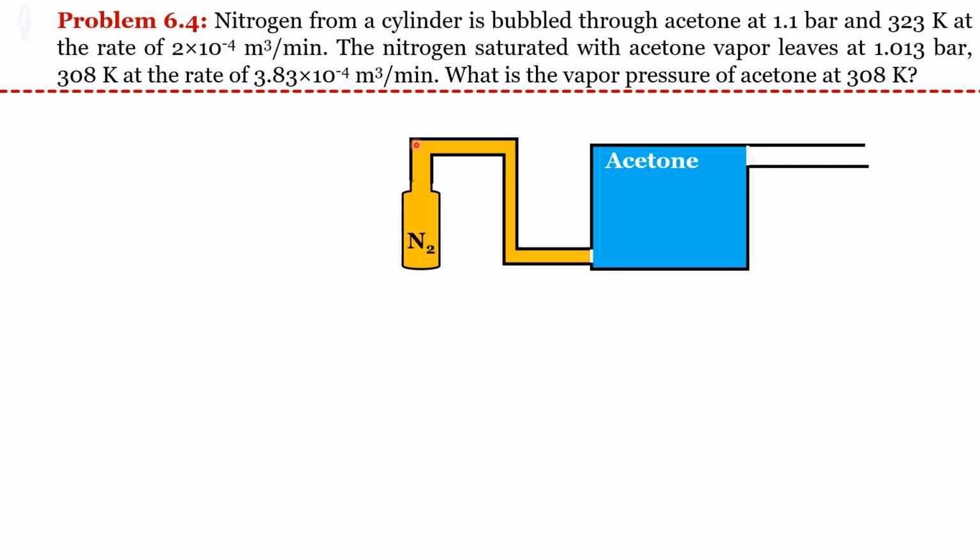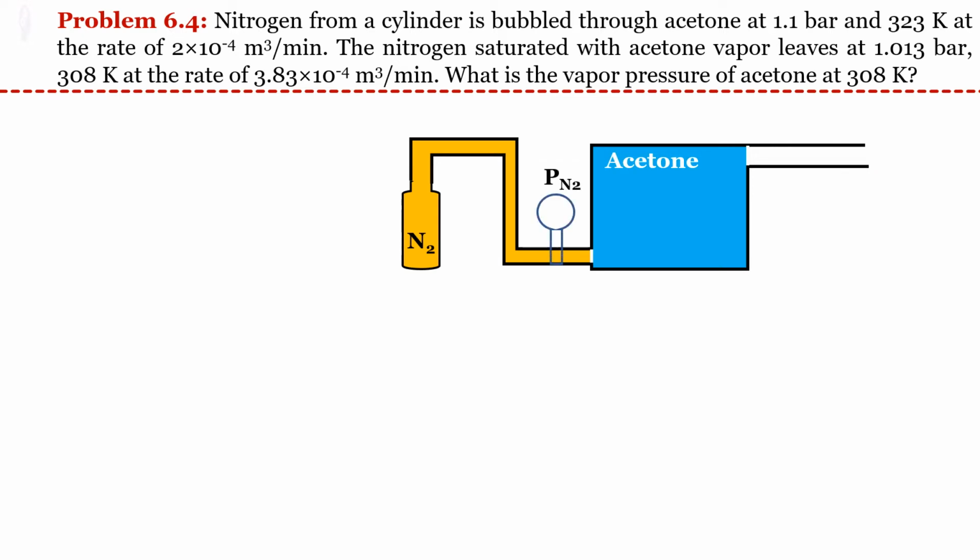When this gas is bubbled through acetone, at the top it comes out from the acetone. Here we have the pure nitrogen. When it is bubbled in the acetone, it will come along with acetone vapor. So at this end we have nitrogen as well as acetone vapor.